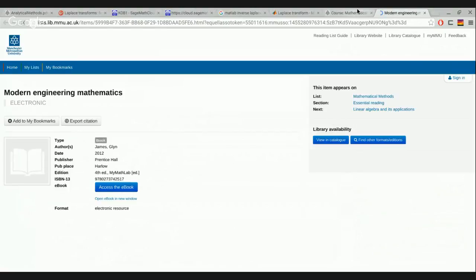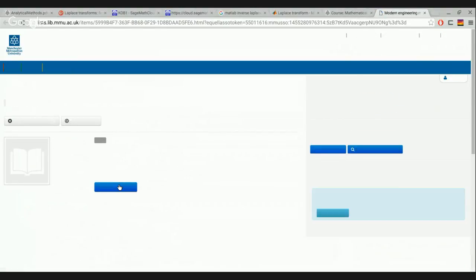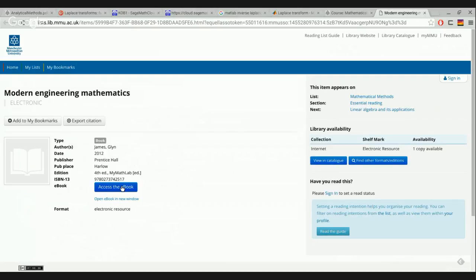If you click through that link, there are physical copies of it, hard copies, in the library, but if you click through the link on Moodle, you'll be able to access the online ebook version of it. And in the relevant chapter there, you'll find lots more worked examples, lots more practice problems on Laplace transforms as well.